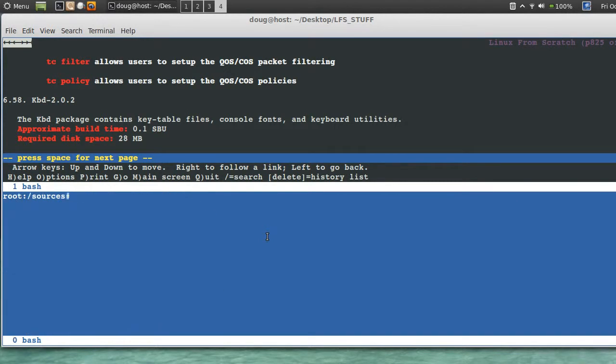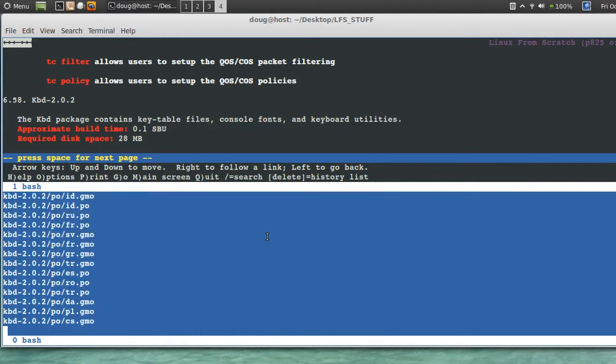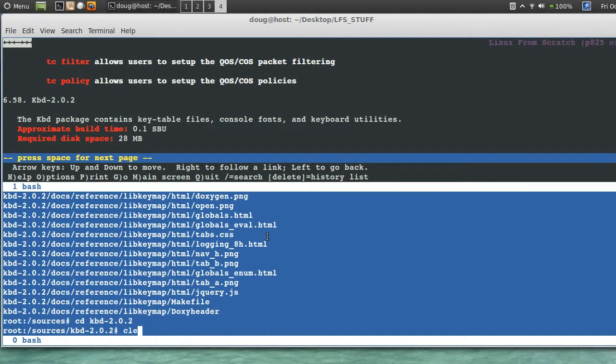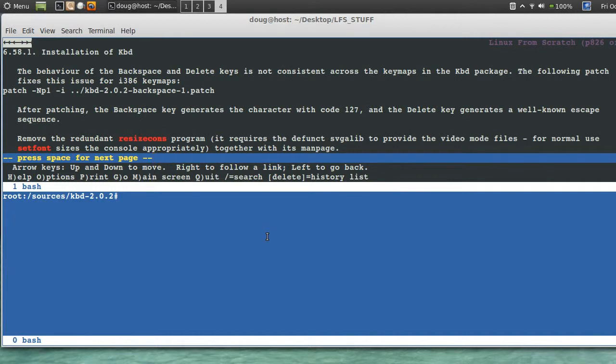We have keyboard utils. I think that's what we did. Tar xvf kbd. Okay. Let's see, patch -Np1 -i kbd-2.0.2 backspace fixes patch.